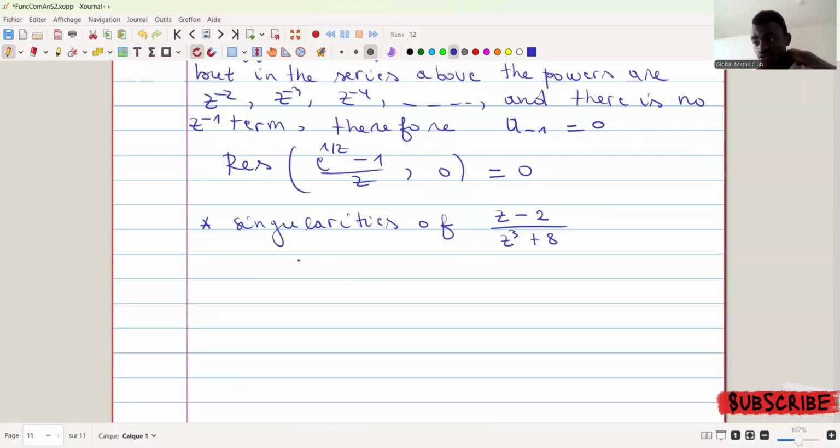So what you just have to know is z cubed plus 8. If you factorize this, what are you going to have? It's going to be z minus 2 times a polynomial of degree 2.